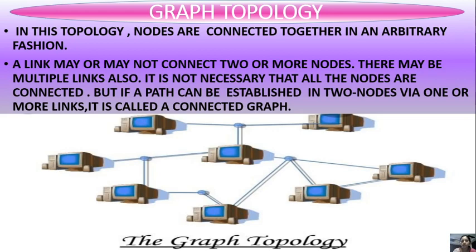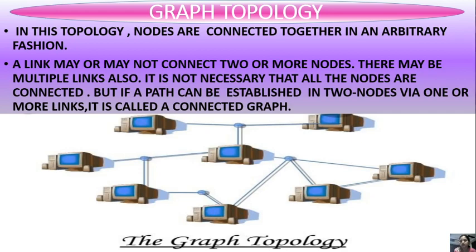Now, after star, ring, bus and tree topology, there is a next one, graph topology. In this topology, nodes are connected together in an arbitrary fashion. Arbitrary fashion, we can say whatever you want. There is nothing fixed.